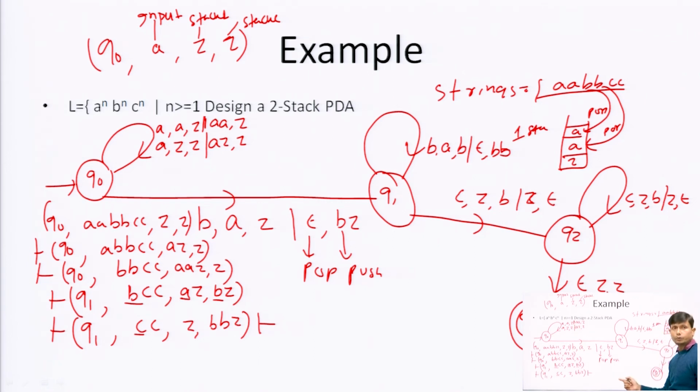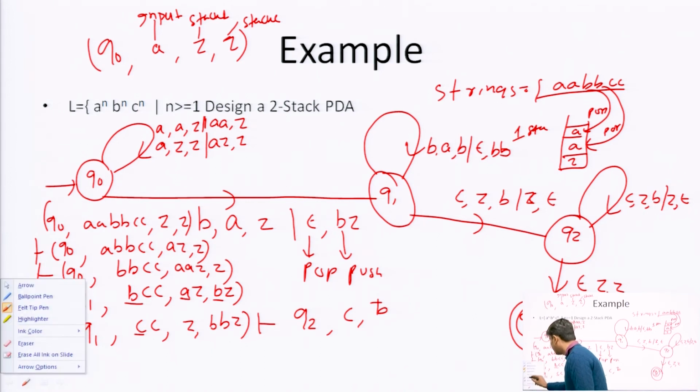Go to Q2 and pop B from stack 2, while stack 1 remains the same with no operation.